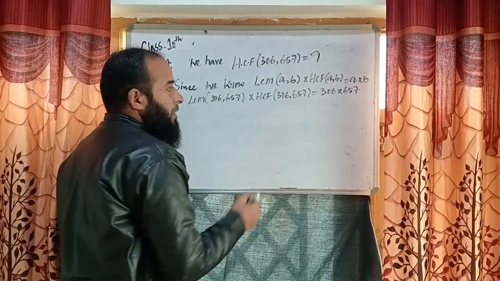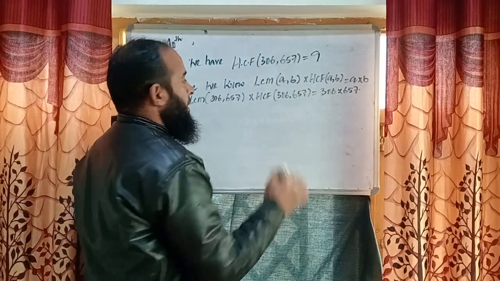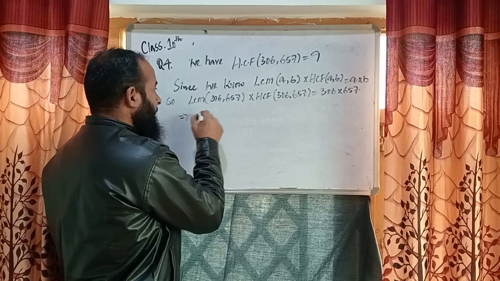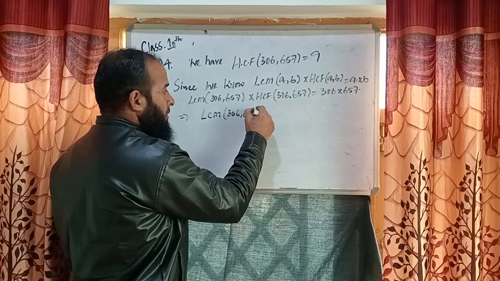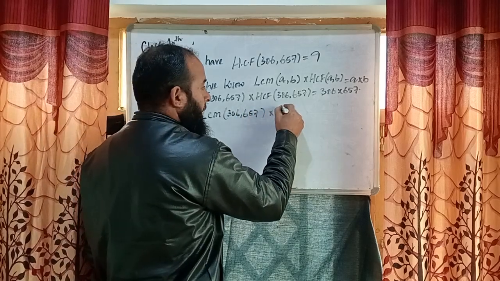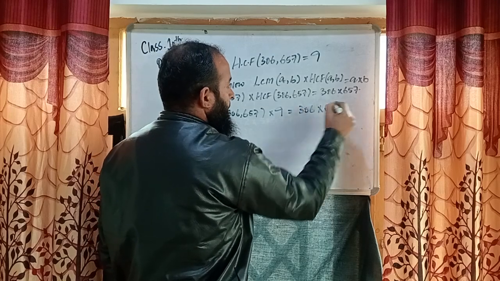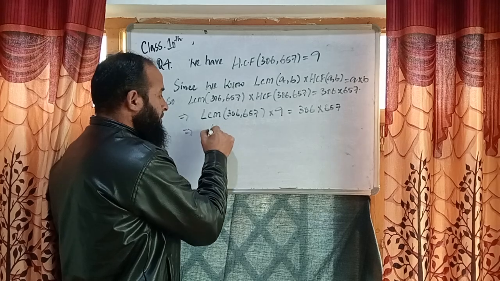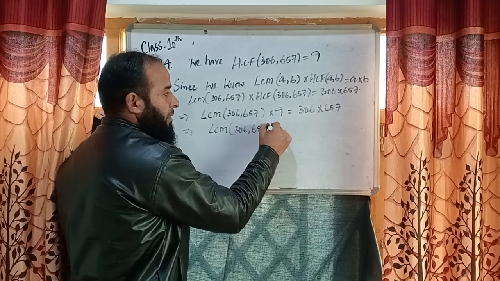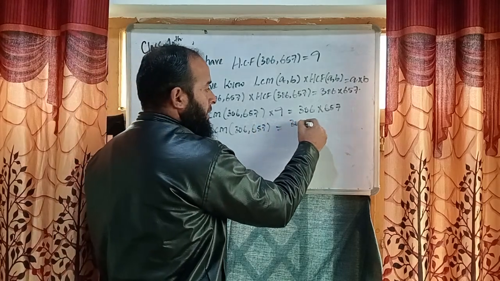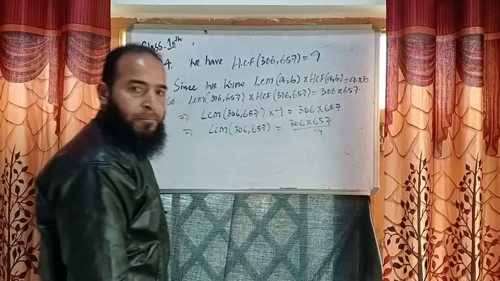Now, it is given that HCF is 9. So this implies LCM of 306, 657 into 9 is equal to 306 into 657, which implies LCM of 306, 657 is equal to 306 into 657 over 9.